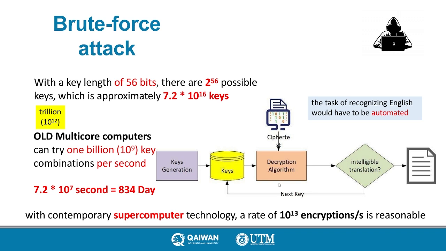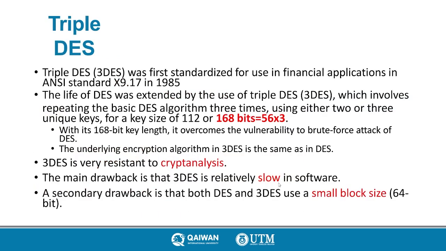So with the old multi-core computers, we would need 834 days in order to crack a key. The problem is that with contemporary supercomputer technology, a rate of 10 to the power of 13 encryptions per second is reasonable. So it will take nearly an hour to find the key, sometimes even less than an hour. Now DES is not that secure.